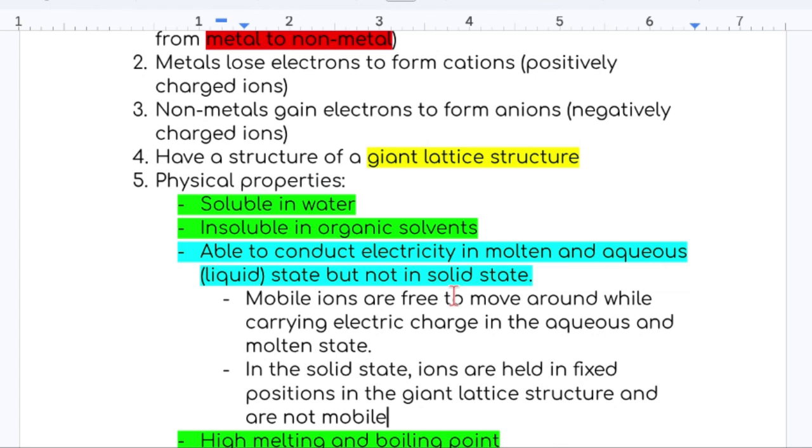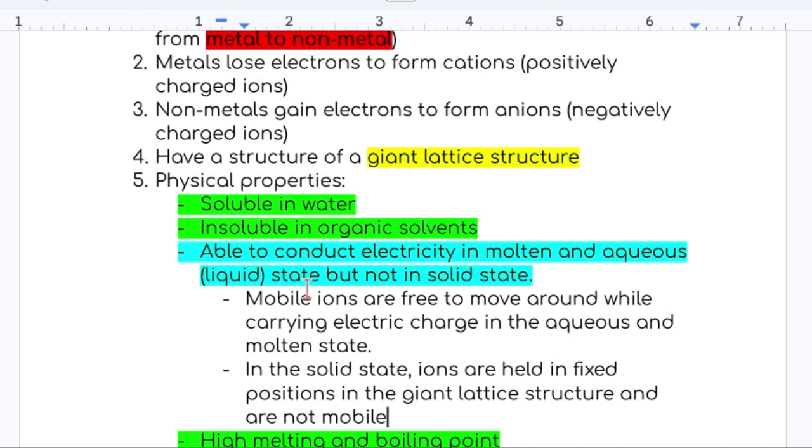Basically, we learned in Sec 2 that in the solid state, particles are held in fixed positions, so the forces of attraction are very strong. The ions are held in fixed position, which is why they are not mobile to move around while carrying the electric charge. So they can't conduct electricity in the solid state.